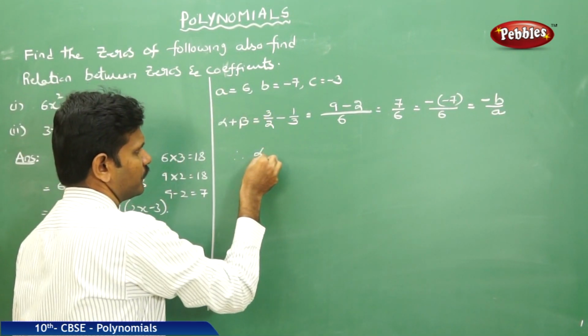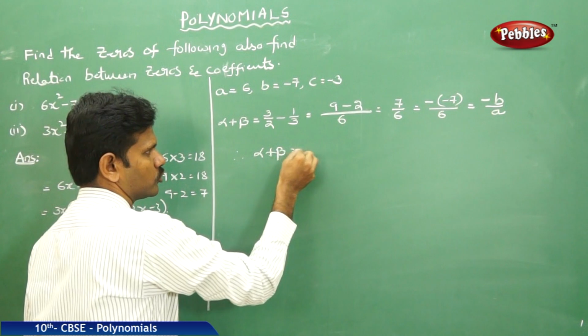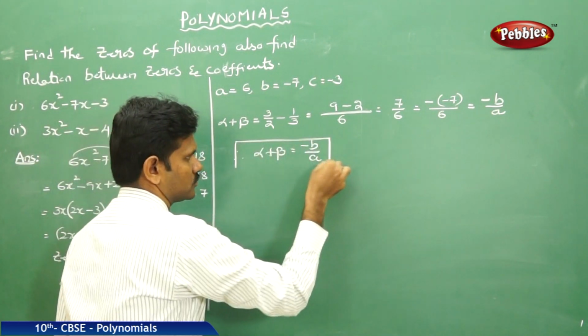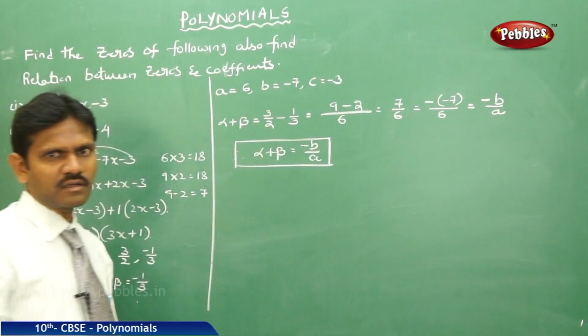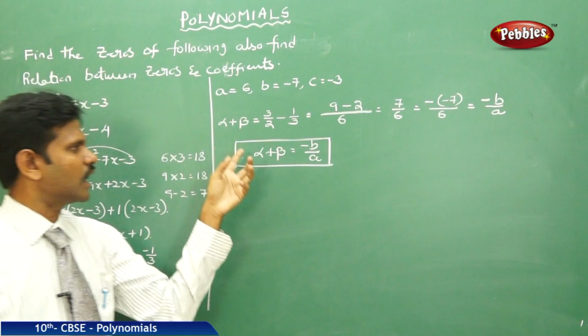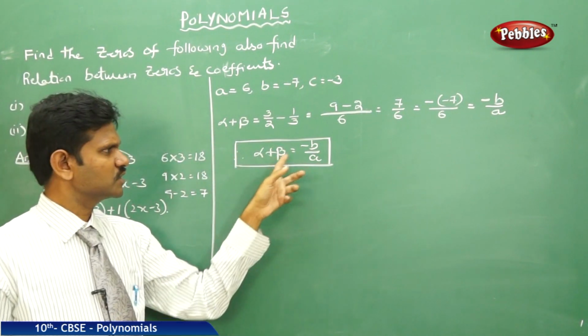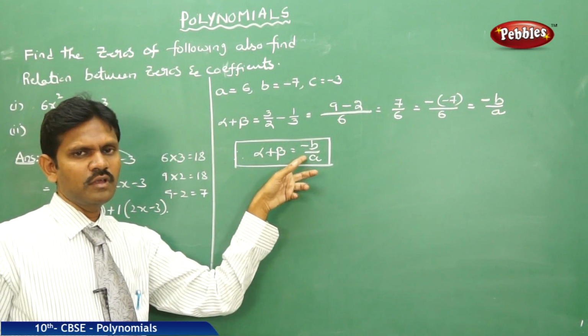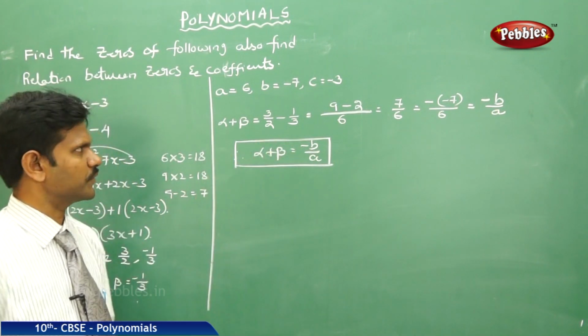Therefore, alpha plus beta is equal to minus b by a. This is the answer he asked, that is, find the relation between zeros and the coefficients. Alpha and beta are the zeros, b and a are the coefficients. This is the relation between zeros and the coefficients.